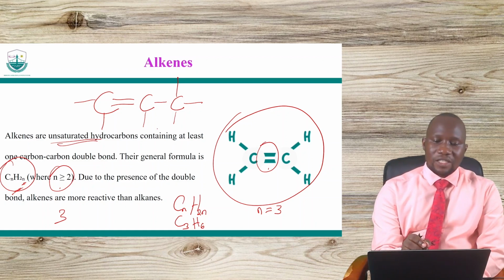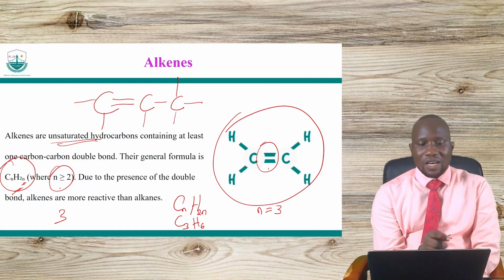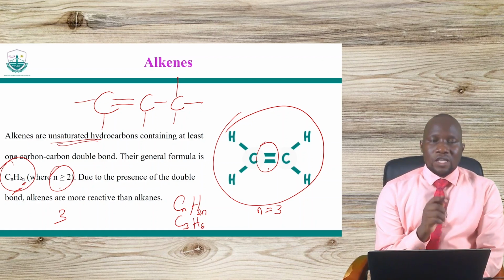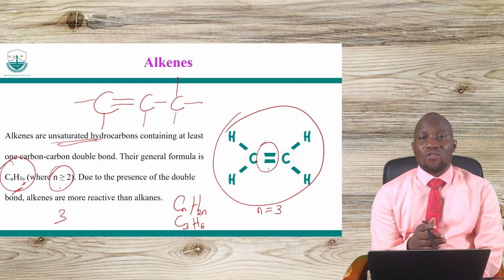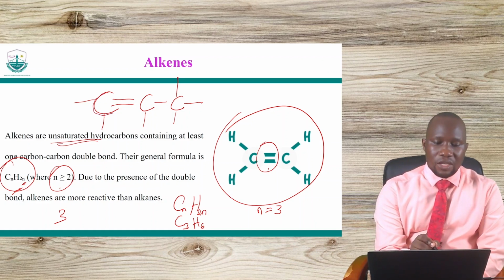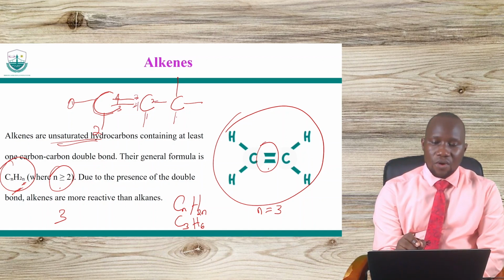Remember, the reason I've drawn that is because each carbon atom should have 4 covalent bonds. So this is 1, 2, 3, 4. This is 1 for this carbon, now carbon number 2, 1, 2, 3, 4. Carbon number 3, 1, 2, 3, 4.